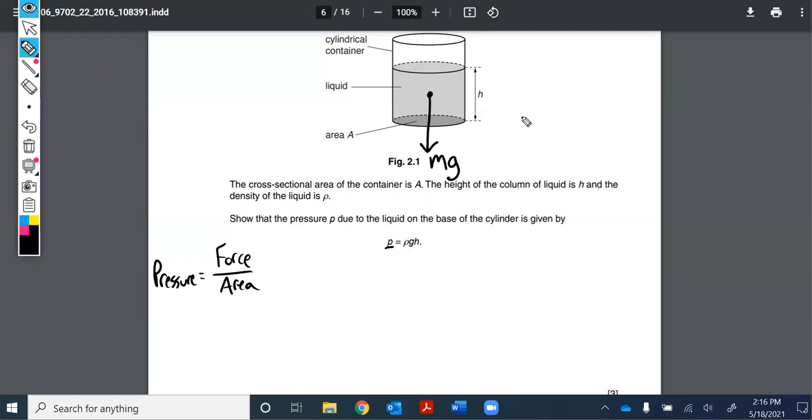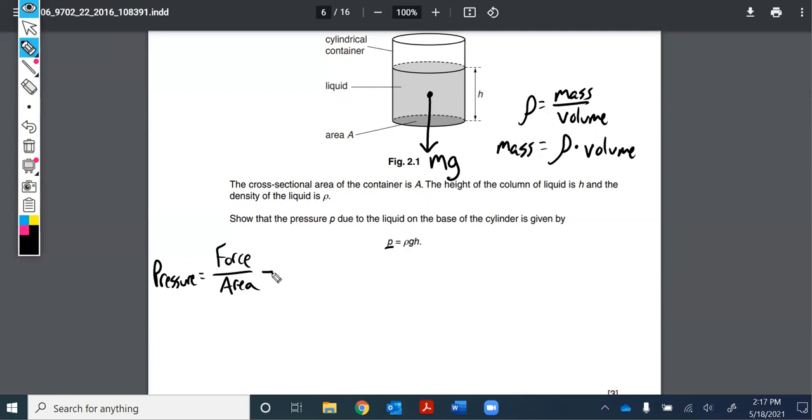We have to think about density as being the mass divided by the volume. Density is mass divided by volume. So we can rewrite this in terms of mass. So mass is equal to the density rho times the volume. You multiply density by volume, you get mass.